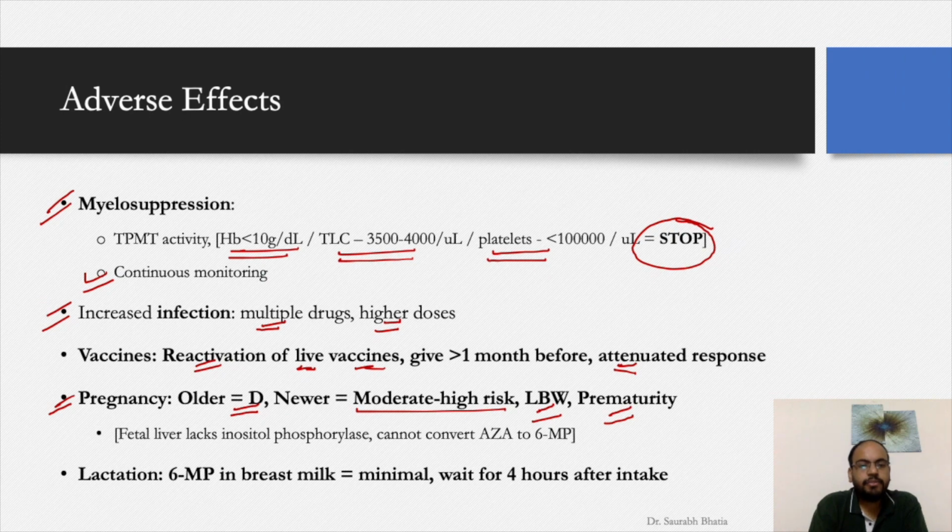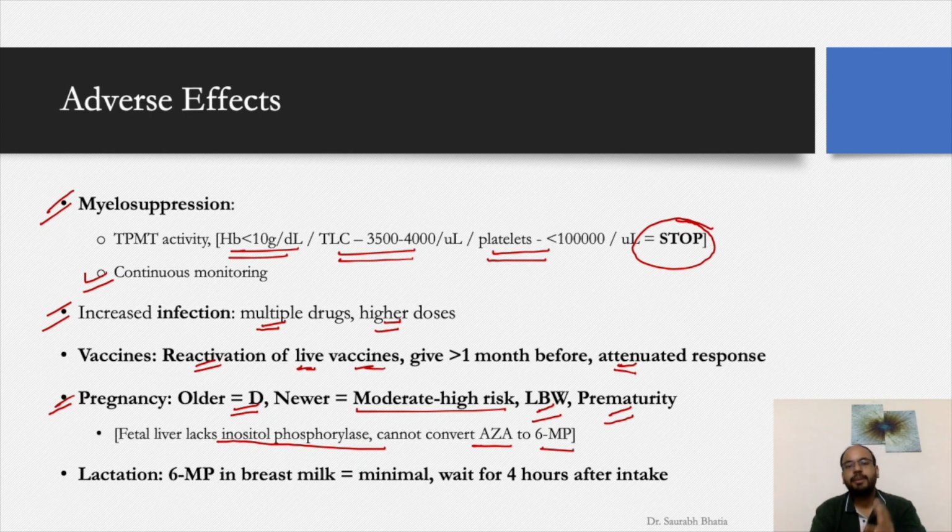Now the risk to the fetus is not that much because fetal liver lacks inosinate phosphorylase, and this enzyme is essential for conversion of azathioprine to 6-mercaptopurine. Since fetal liver doesn't have that enzyme, the conversion of azathioprine to 6-mercaptopurine does not happen.